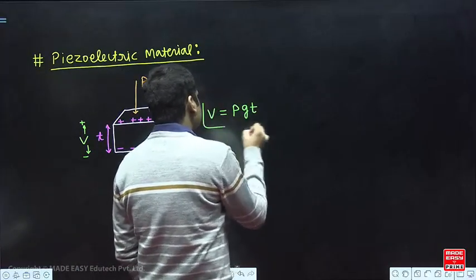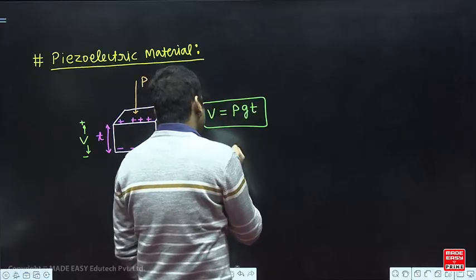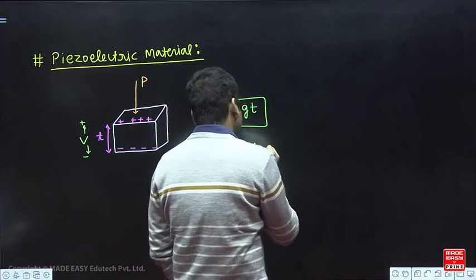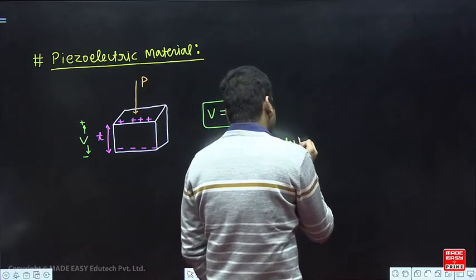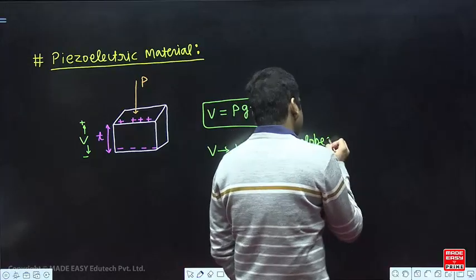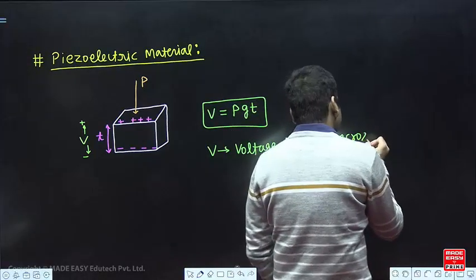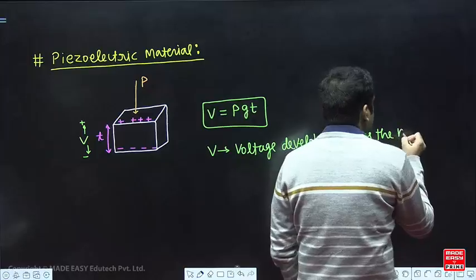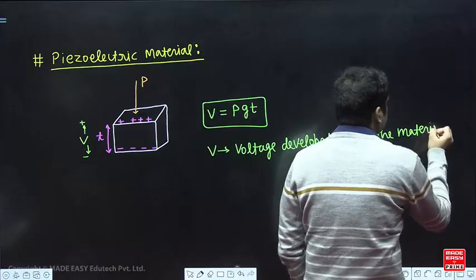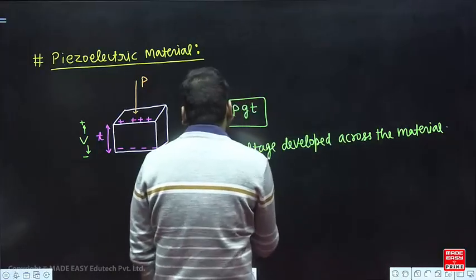V = P g t. V is voltage developed across the material.